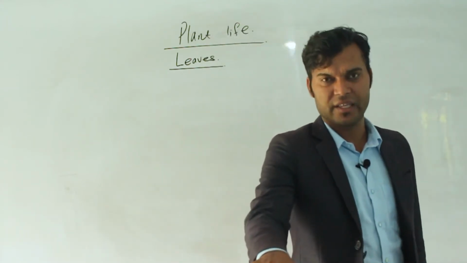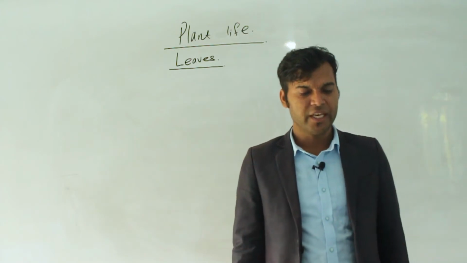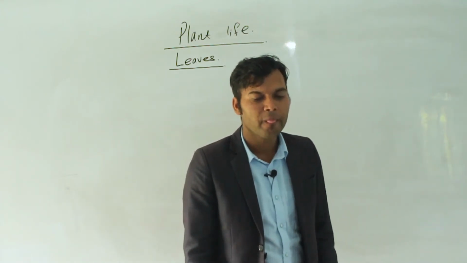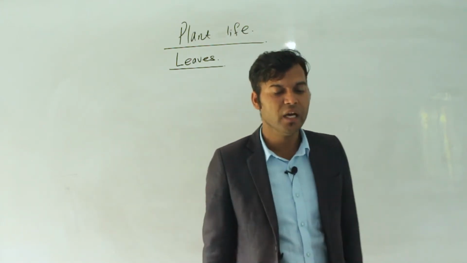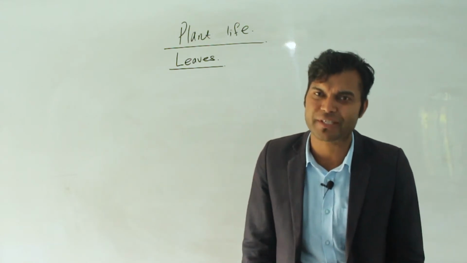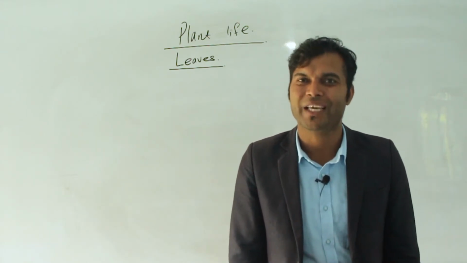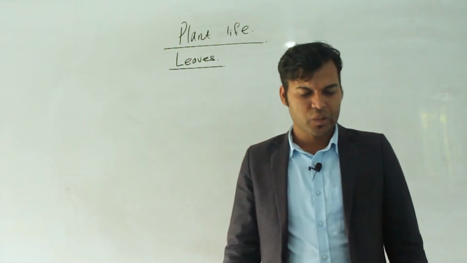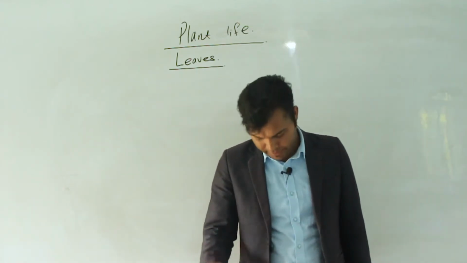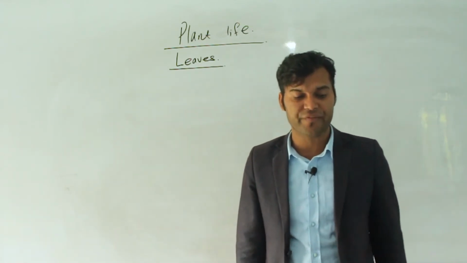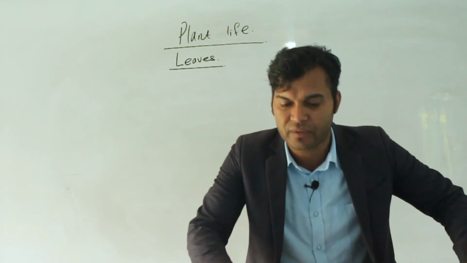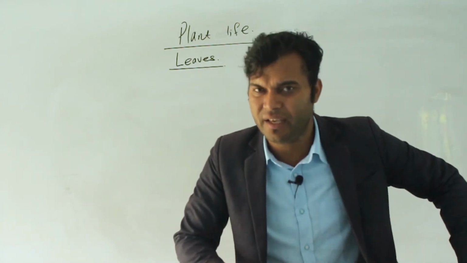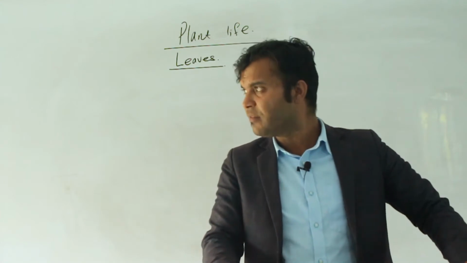This process is called photosynthesis, isn't it? Okay, students. Next is chlorophyll. Chlorophyll is contained in the leaf and helps leaves prepare their food.